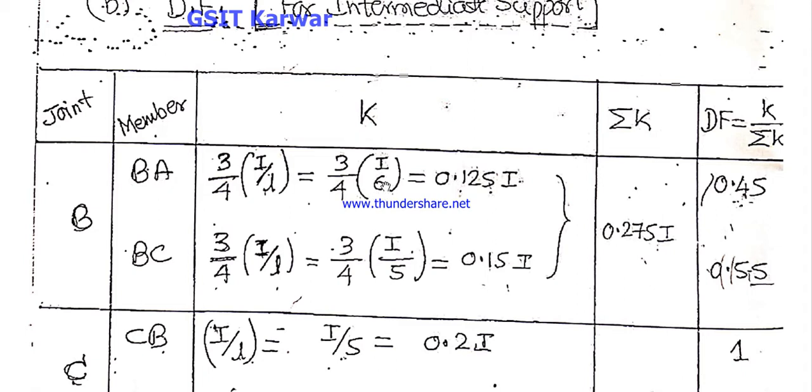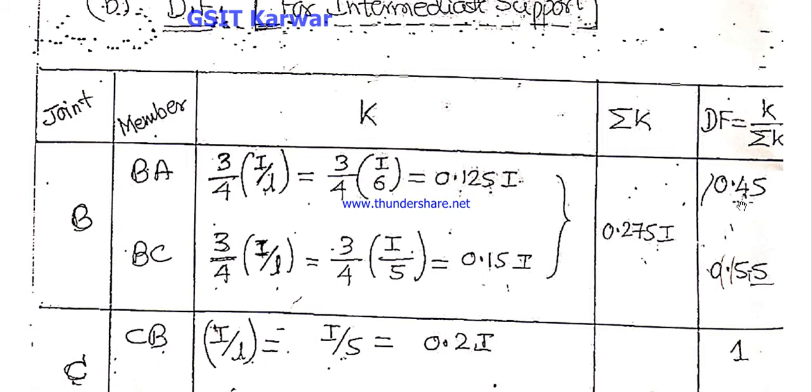You can substitute that length and calculate the answer in terms of I. Similarly for span BC, substitute the length and calculate the answer in terms of I. Finally, calculate the summation of K and calculate the distribution factor by using the formula, K by summation of K. K is 0.125I divided by summation of K, which is 0.275I.